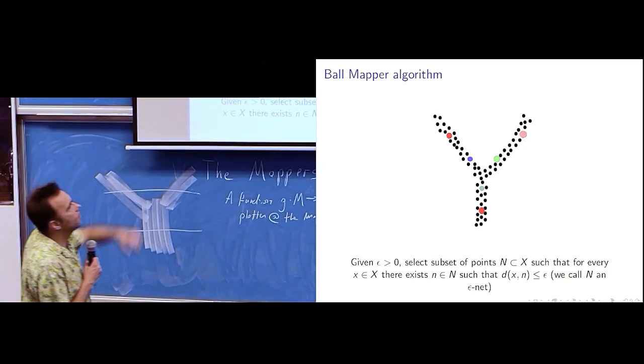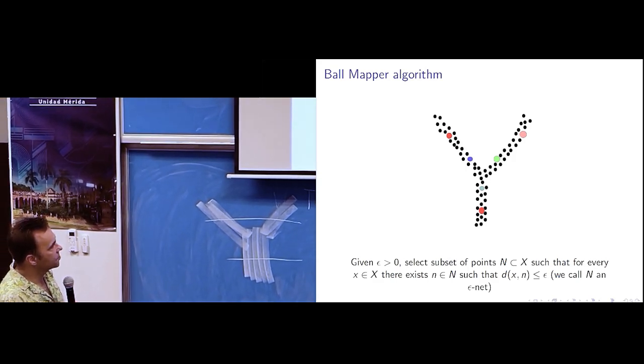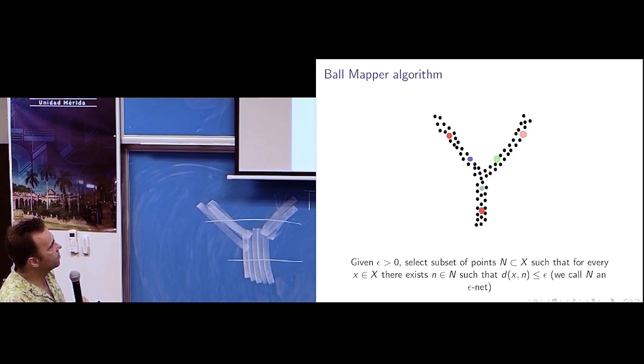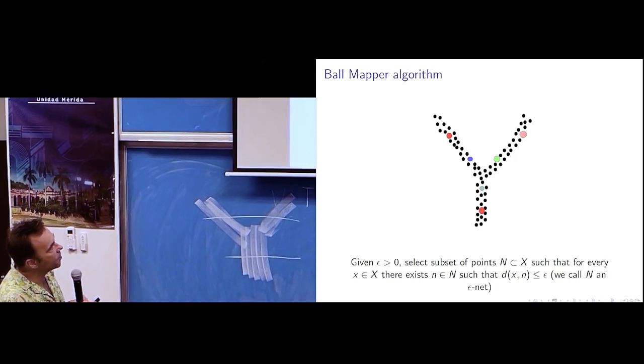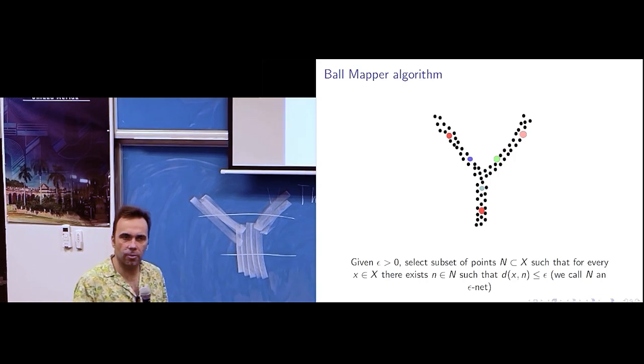I put elements of the epsilon net as colored dots over here. So for every black point, there exists a colored dot not farther away than epsilon from this black point.